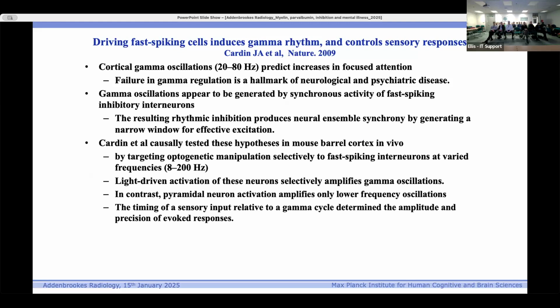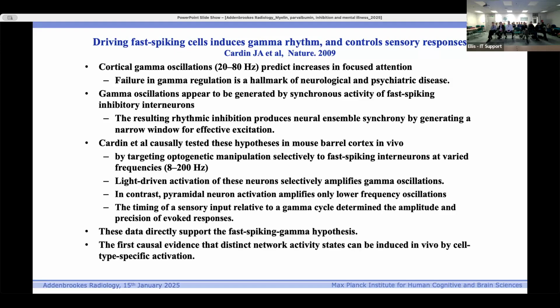The experimenters targeted optogenetic manipulation selectively to fast spiking interneurons, that's the parvalbumin interneurons, at varying frequency. They found that light-driven activation of these neurons selectively amplifies gamma oscillations. In contrast, pyramidal cell activation amplifies only lower frequency oscillations. So these data directly support the fast spiking gamma hypothesis.